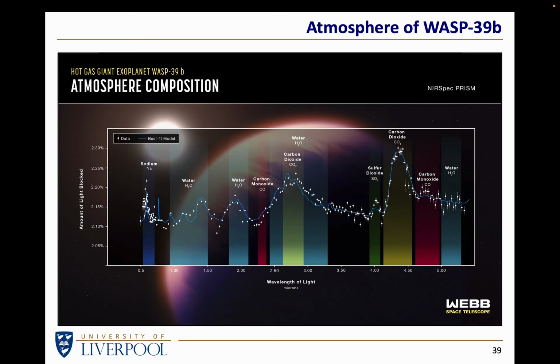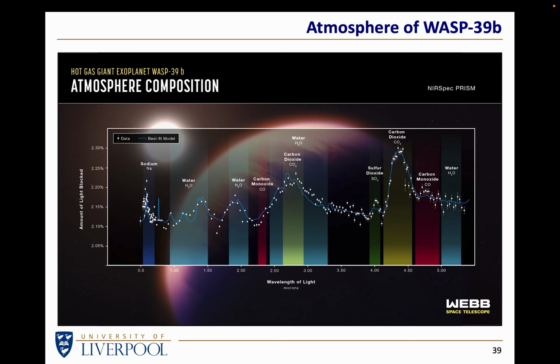And then here we've got the data as white dots, and then it does a fit in blue, assuming that a number of different molecules are present in the atmosphere. What's the best fit we can find of the data which is consistent with this set? And we deduce the existence of some sodium, some water, some carbon monoxide, in this case some sulfur dioxide. Occasionally you see carbon monoxide as well as carbon dioxide, sometimes you see dimethyl sulfide.